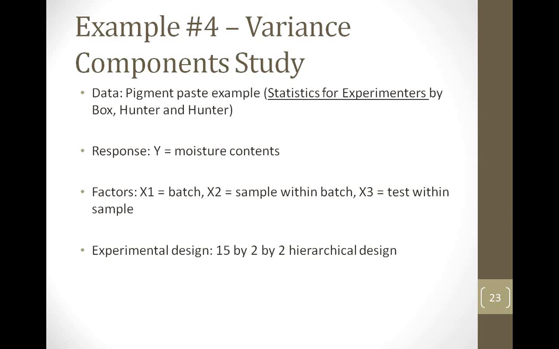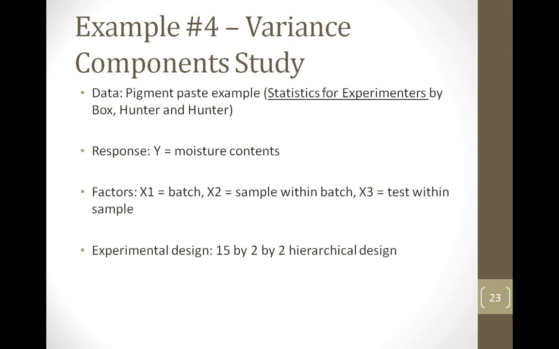They went out, they collected 15 batches, 2 samples from each batch, 2 tests on each sample, with the goal of knowing how much of the variability they're observing is due to differences between the batches, how much is due to differences between samples within a batch, how much is coming from tests made on a particular sample.